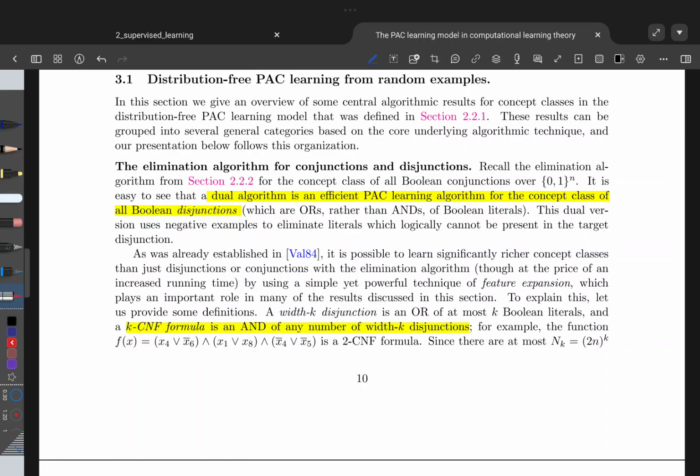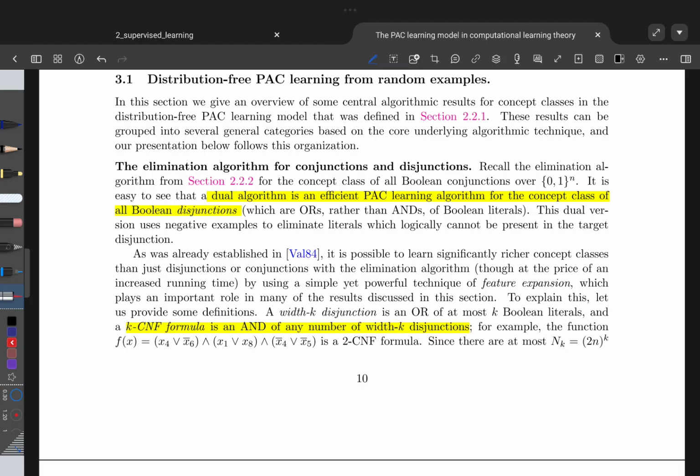All right. So let's look at a restrictive class, a smaller class of all possible such functions. A k-CNF formula is basically an AND of width-k disjunctions. So you take any subset of k variables, take the OR of those, and then you take the AND of such terms.